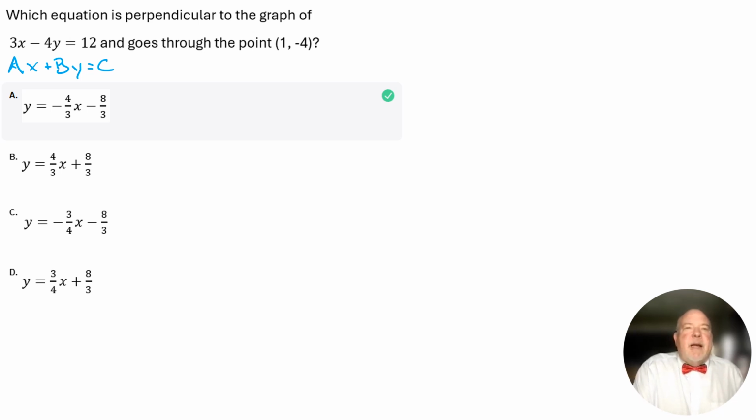The other thing, let's go back and talk about this again. For perpendicular lines, I said their slopes are opposite reciprocals. Let me just write this down for you. Perpendicular.